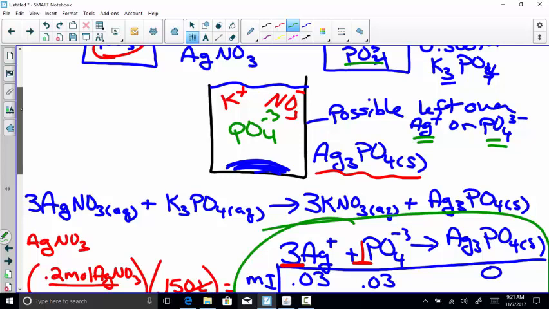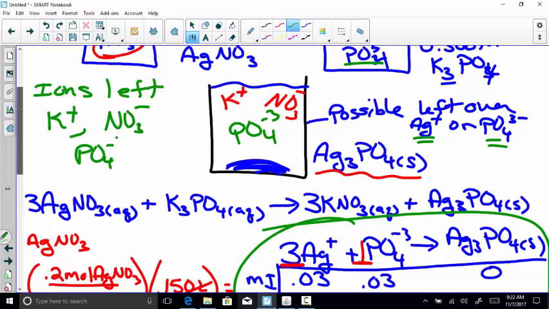It says, determine the ions left in the solution. Well, the ions left are potassium, nitrate, and PO4 3-. Okay? Now, the next part says determine the concentration of the ions left. So I'm going to need more space for this, so I'm going to move down.